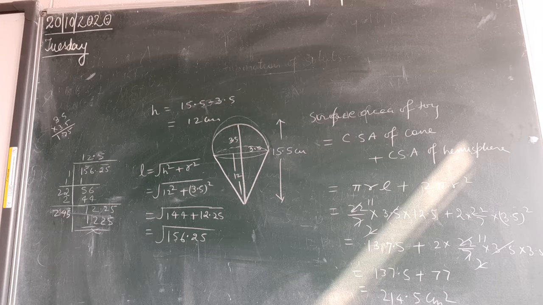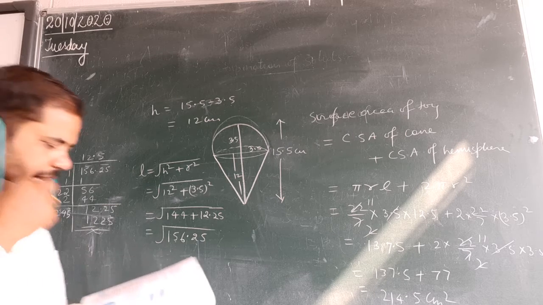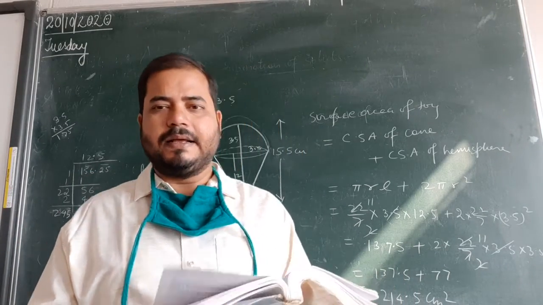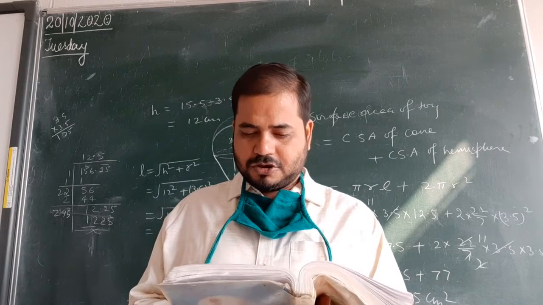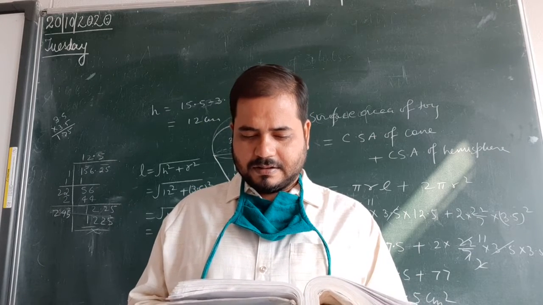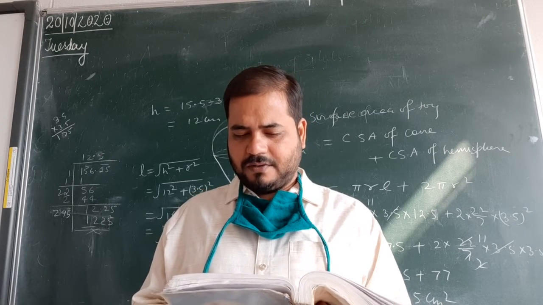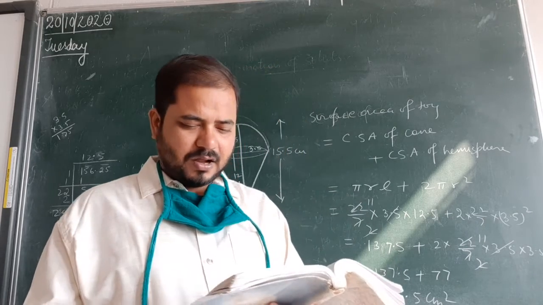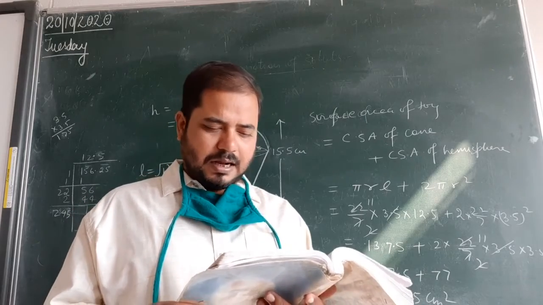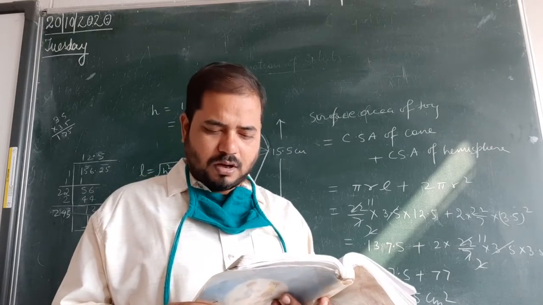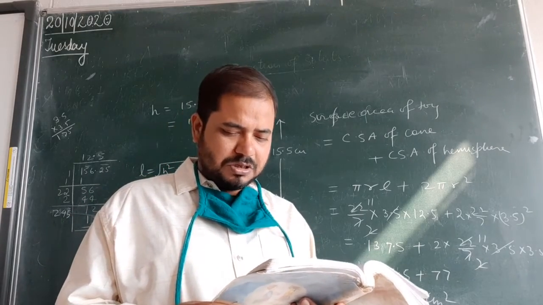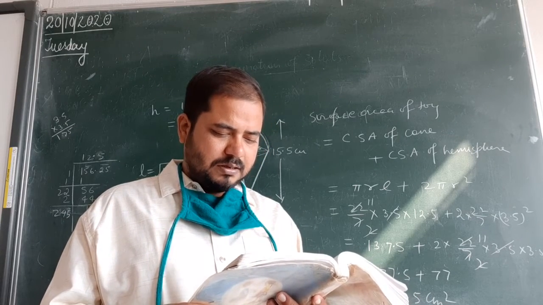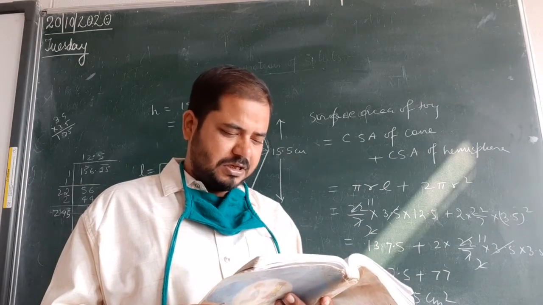From a solid cylinder whose height is 2.4 centimeter and diameter is 1.4 centimeter, a conical cavity of the same height and the same diameter is hollowed out. Find the total surface area of the remaining solid to the nearest centimeter square.